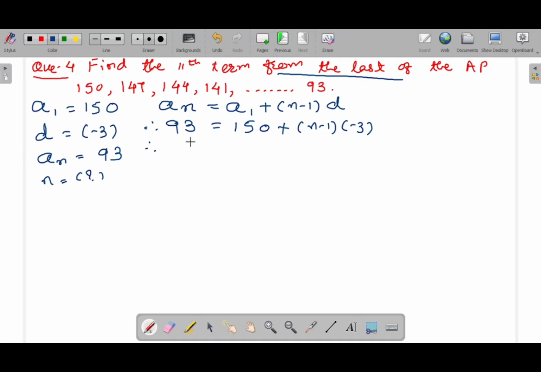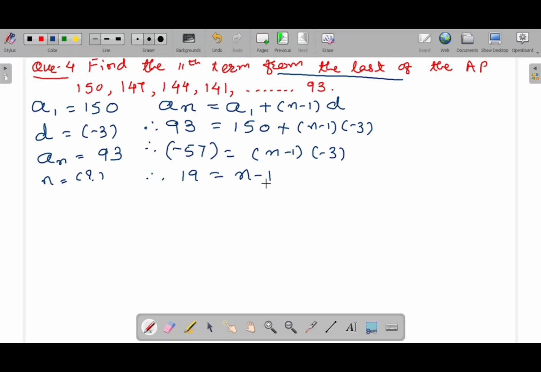Obviously 93 minus 150 will come negative, it will be minus 57, equals n minus 1 into minus 3. Minus 3 will come in the denominator, so minus and minus cancel. The division by 3 gives 19 equals n minus 1.